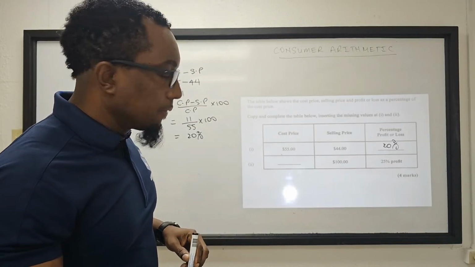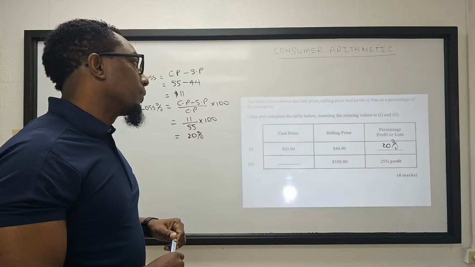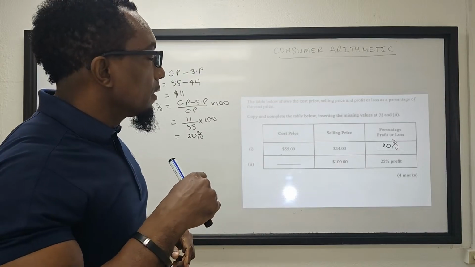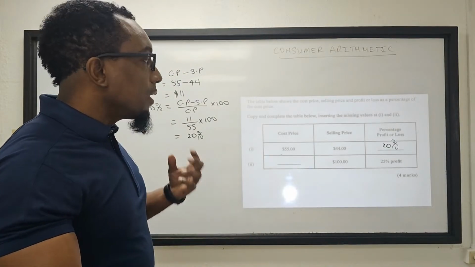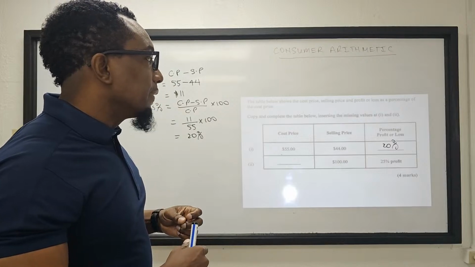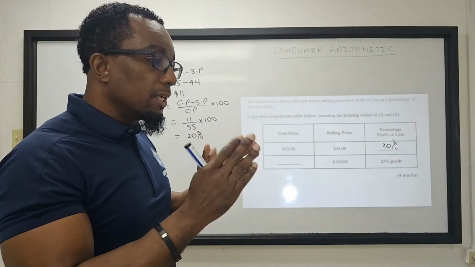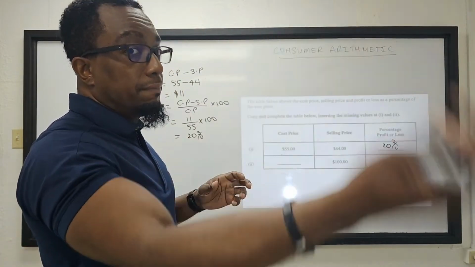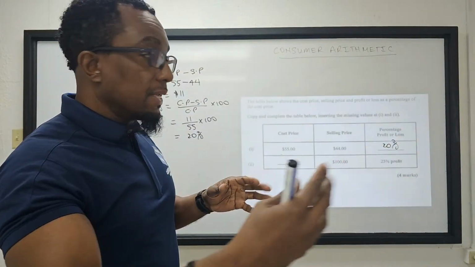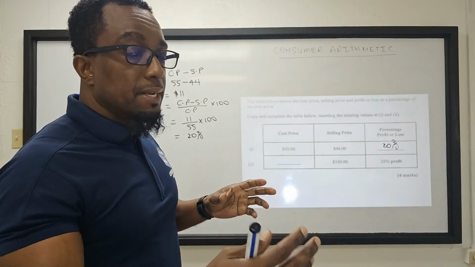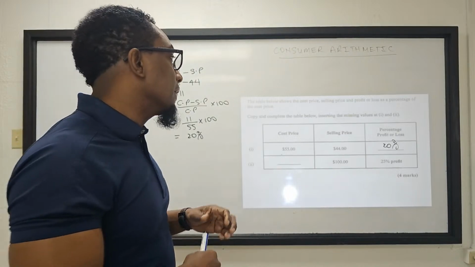What we do is this. We know that if it's 25% profit and we need to determine the cost price, consider the cost price to be 100, initial to be 100, and if you make a 25% profit, it means that 100% will increase by 25%. 125%, if you add that 25% to that 100%, it is going to increase to 125%.